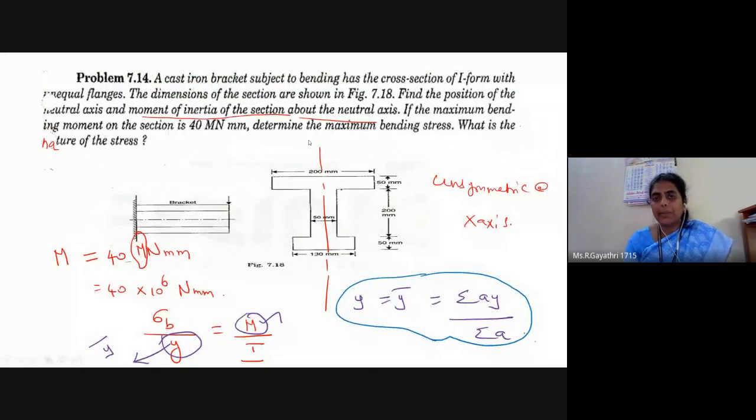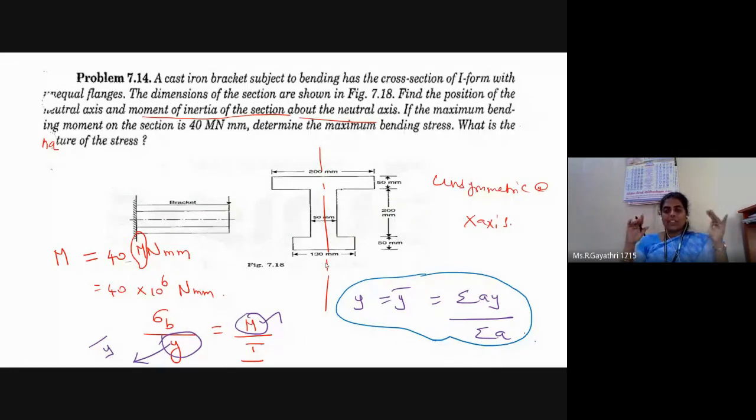Very simple topic. Here we can see unequal flanges, top and bottom flange of this I section not same. So we need to find y bar from individual rectangles A1, A2, A3, Y1, Y2 and Y3 values.